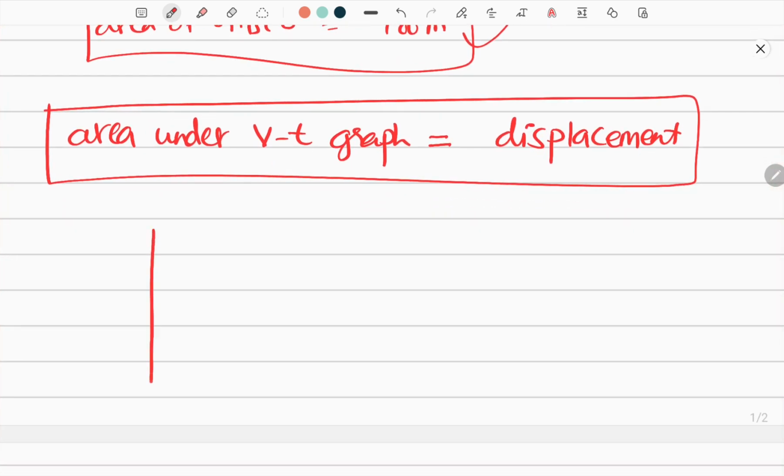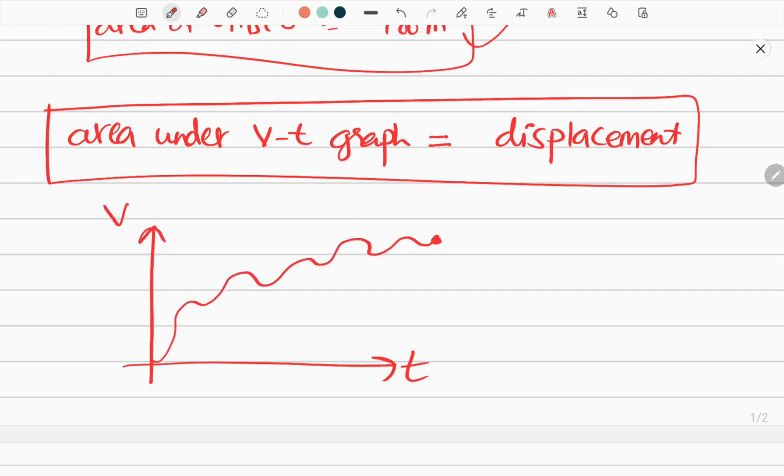Let me give you one example. Here is a graph, for example. This is T and this is V, and we have a graph like this. The body underwent different kinds of velocity changes over the time period.